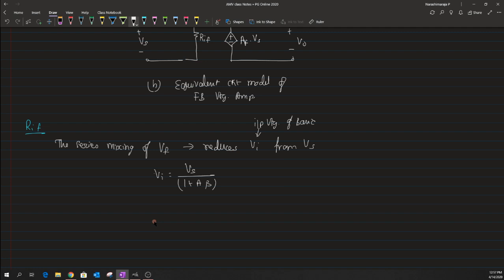So I would encourage you to check out how exactly you are getting this expression, but in a sense one could quickly see that the input voltage to the basic amplifier, which is Vi, would be reduced from the voltage source Vs by this amount of feedback quantity. Okay. So it gets reduced.